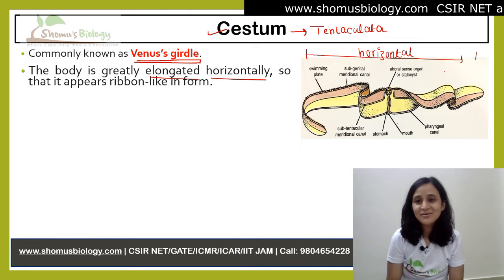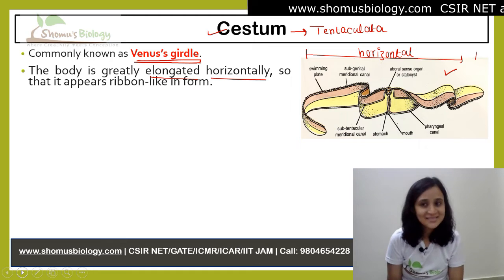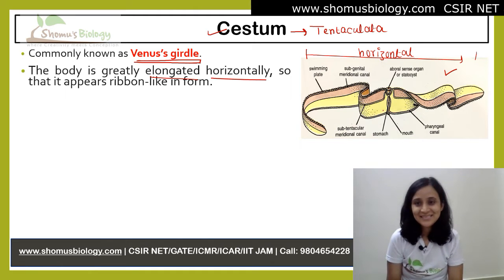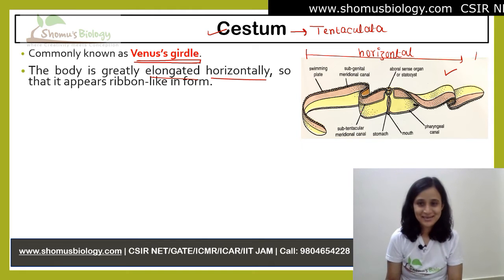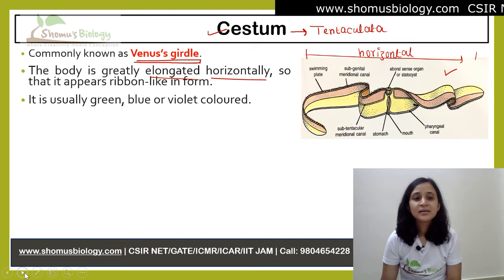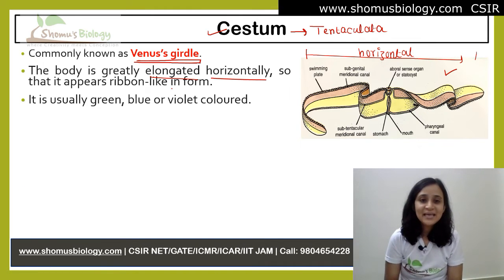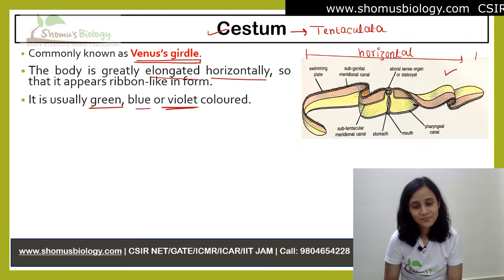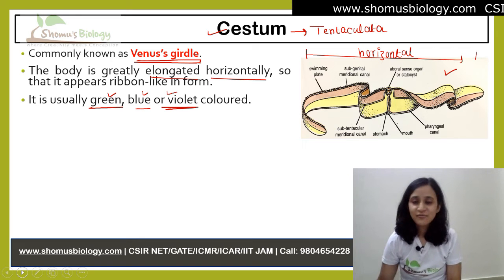So in this picture you can understand that the body is ribbon-like and this structure is formed as their body is elongated horizontally. It is usually green, blue or violet color. So it is either green or blue or violet color.